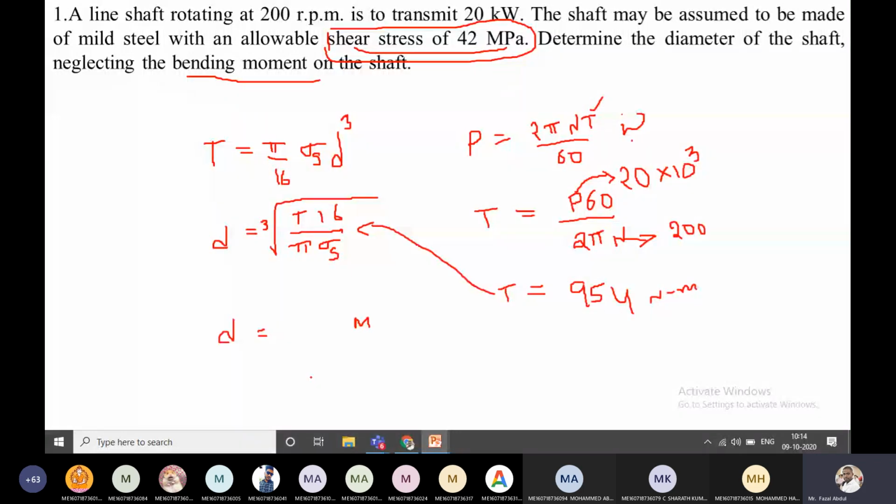Okay, tell me the D value. D is the cube root of T into 16 by pi into sigma s. What is the D value?